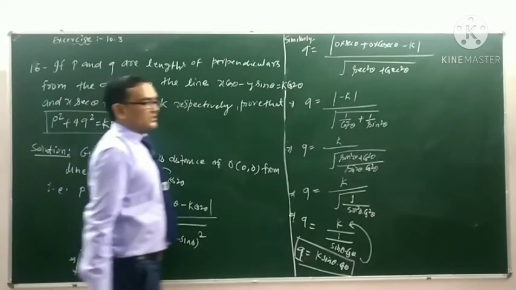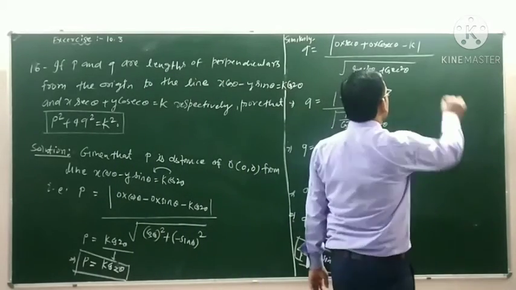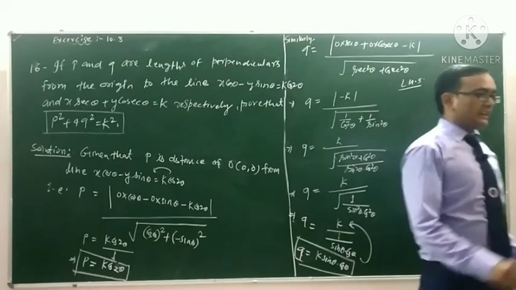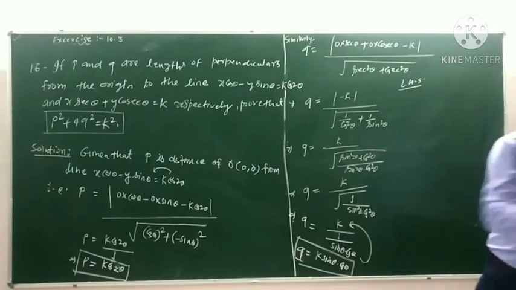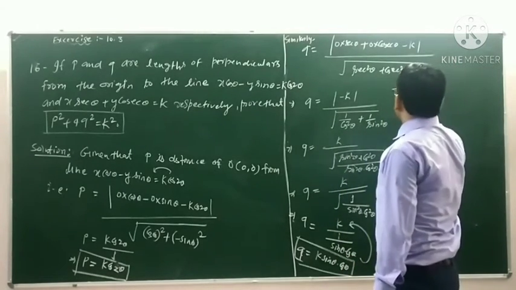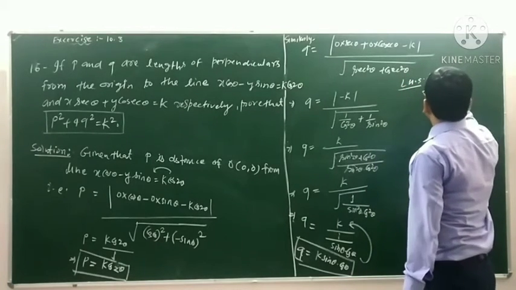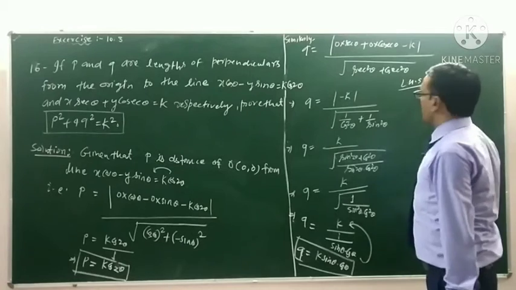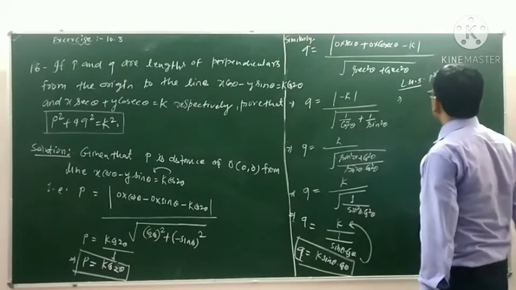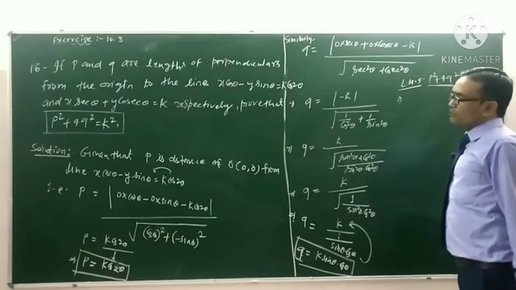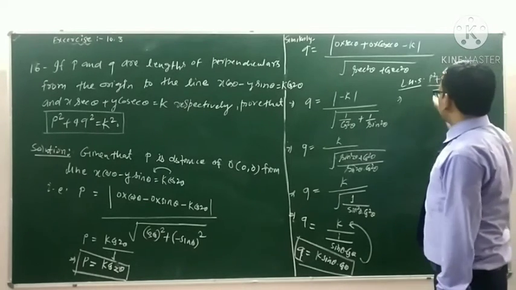We take the left hand side, which is p square plus 4q square. Okay students, we put the value of p and q in this.